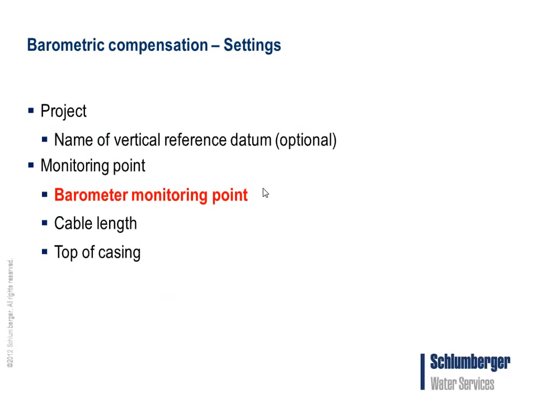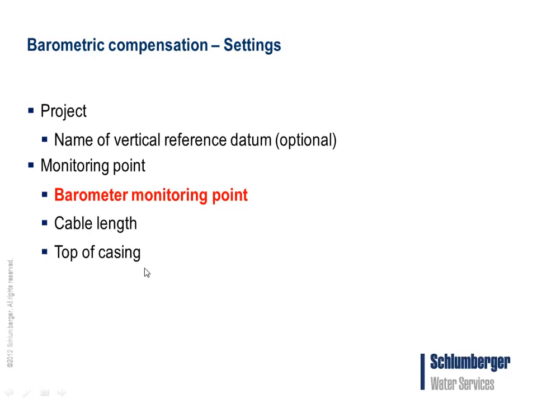So for the barometric compensation to work, you have to set a few things. One is the name of the vertical reference datum. This is optional. And for each monitoring point, you have to at least set one barometer. That's the barometric data that the diver uses to compensate its data with.